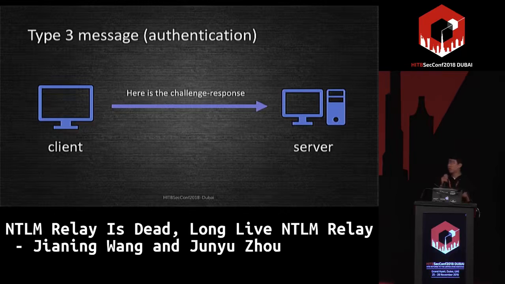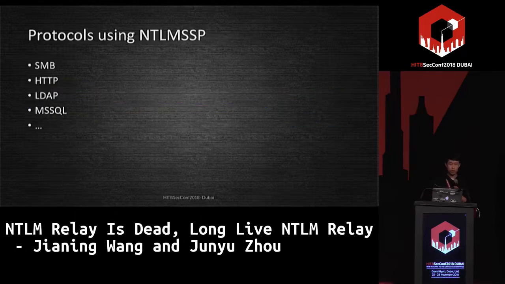So after the client gets the challenge, it calculates with the client's password and the challenge, and it will get a challenge response. The client sends the challenge response to the server, and the server checks whether the challenge response is right or not, and finishes the authentication. And there are some protocols using NTLM SSP, such as SMB, HTTP, LDAP, and Microsoft SQL Server.